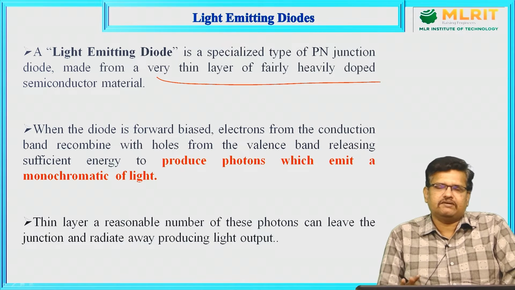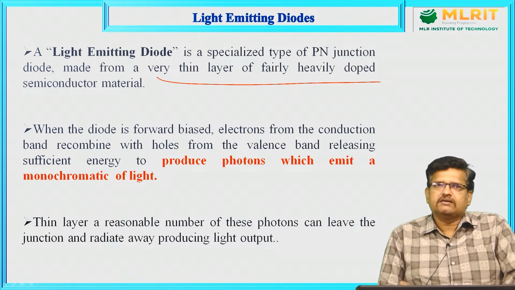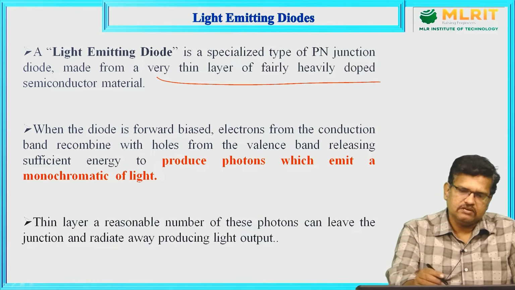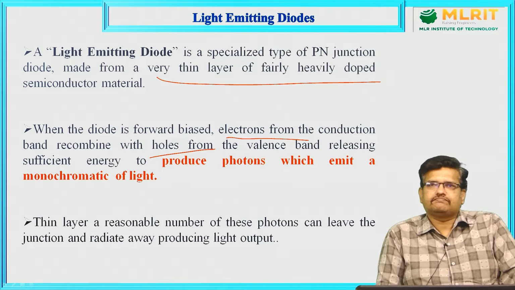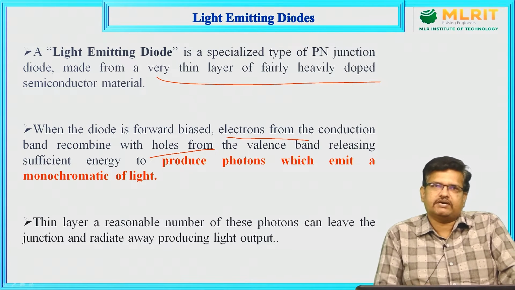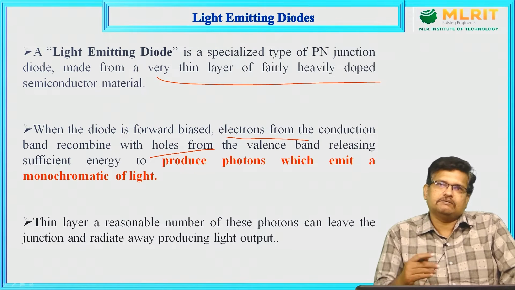Generally, a normal PN junction diode has the same process, the electron hole pair recombination, but here the electrons and holes are recombined to produce photon energy. This is a very important thing in LED. That is why it is called a specialized PN junction diode.